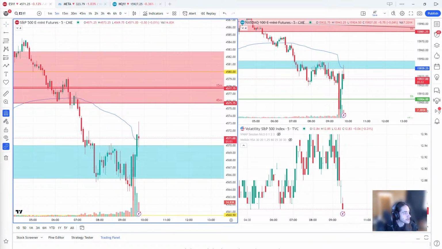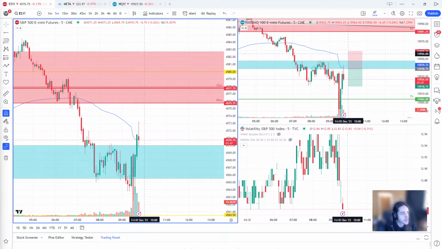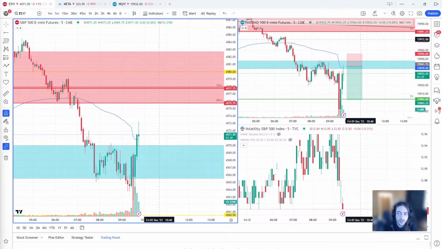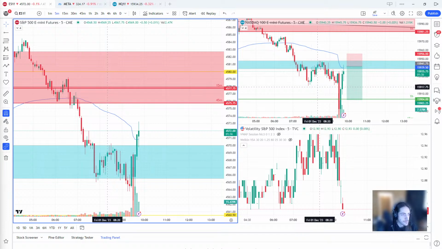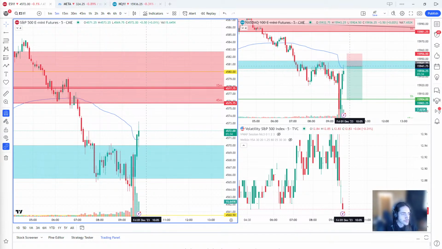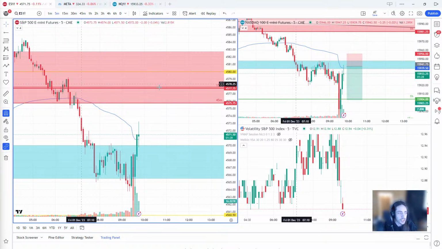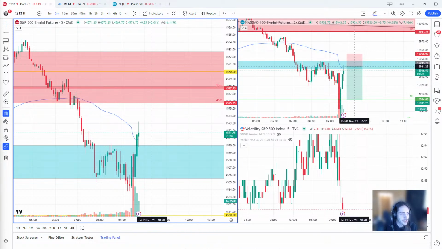What are we doing here? Let's see. Giving us a push, giving us a wick, giving us a pop. So I'm not going to chase it down here. I'm not going to hit sell limit and get filled down here.